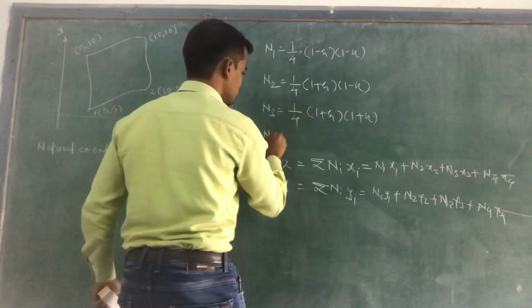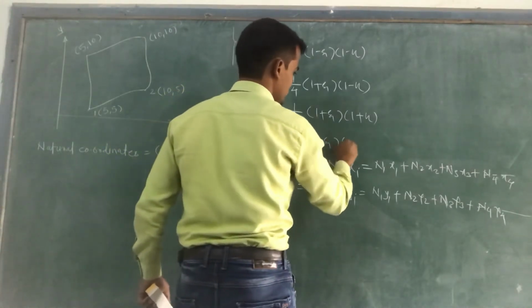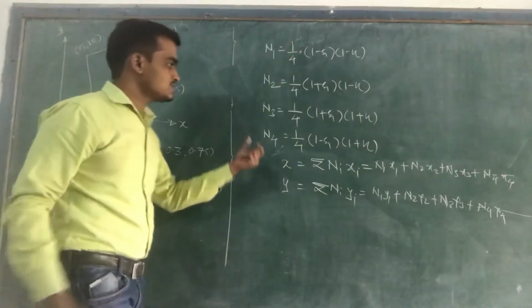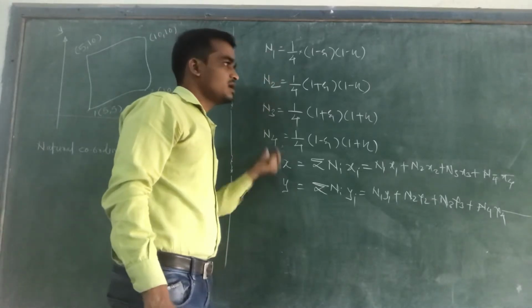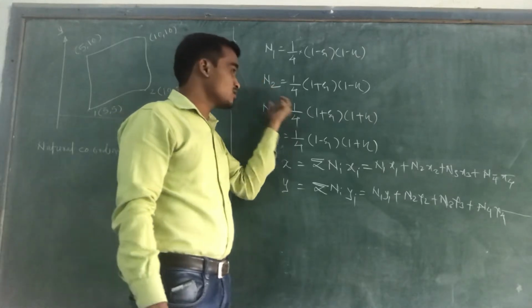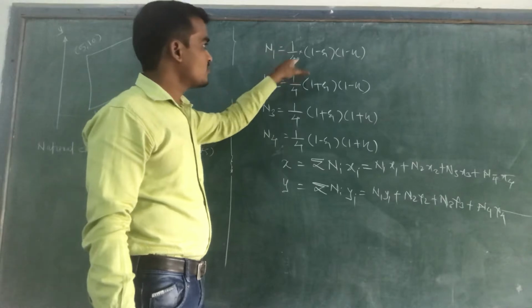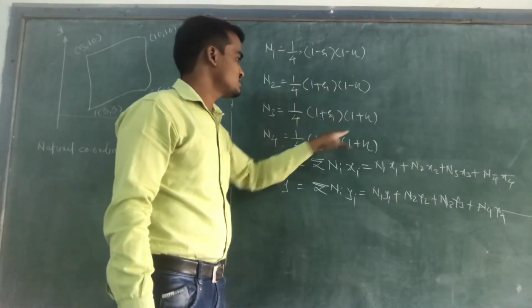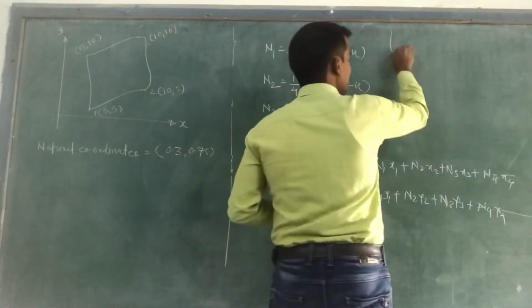And n4 is 1 by 4, 1 minus zeta, 1 plus eta. So we have derived these shape functions n1, n2, n3, n4 from the natural or parent coordinate system for this parent element. This is for your rectangular system.